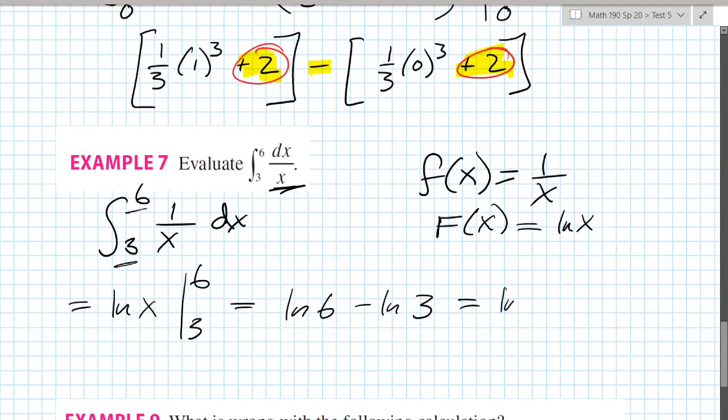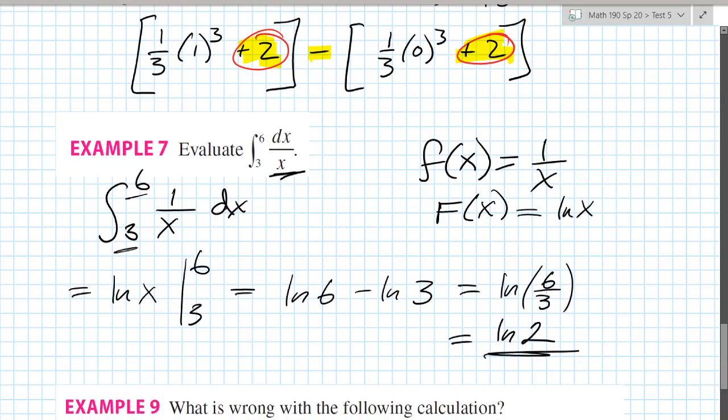Using properties of the logs, we could rewrite that as ln of 6/3, or the ln of 2. And there you have it. What does this represent? This represents the area under the curve 1 over x from 3 to 6.